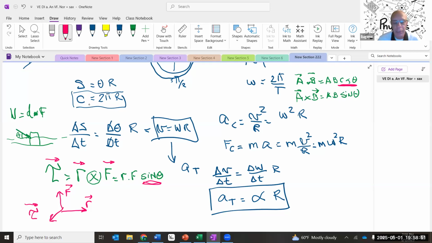That's going to be determined by the rule. So here is R times F. We see that the rotation here goes counterclockwise, so torque is coming out of the screen. If I had R this way and force this way, then torque would be going inside the screen, okay?